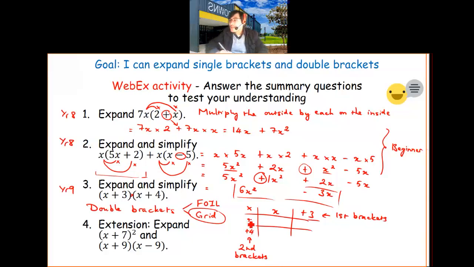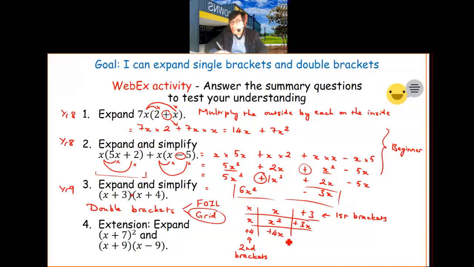Then we are going to multiply these in pairs. The first one is x times x, and x times x is x squared. The next one, we have x times 3, which is 3x, because this is positive 3. Down here we have plus 4 times x, which gives us plus 4x.